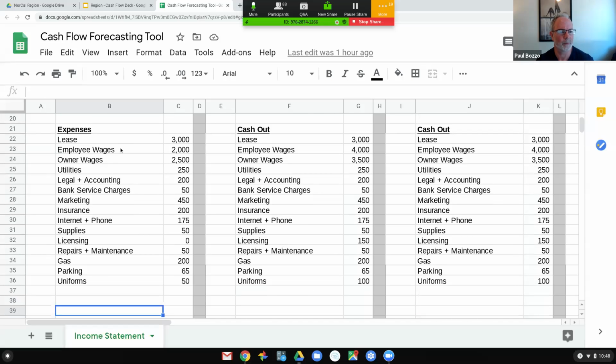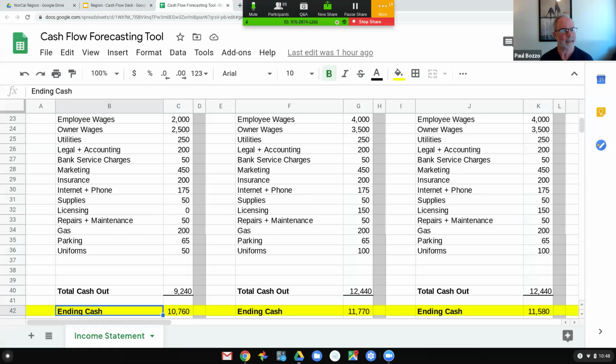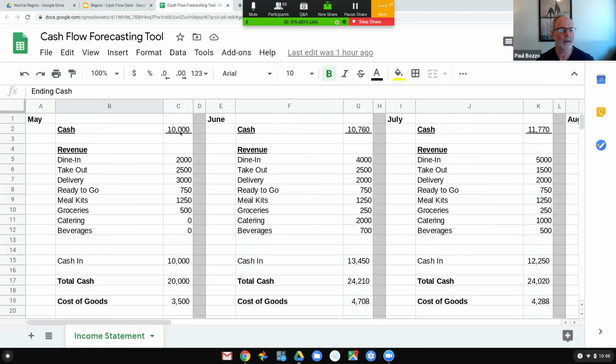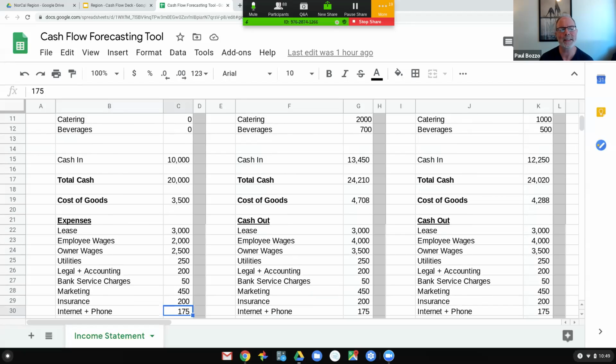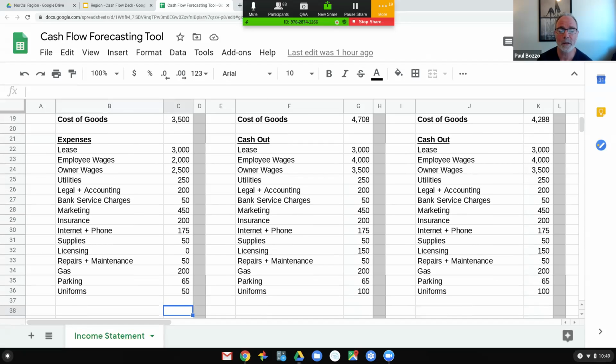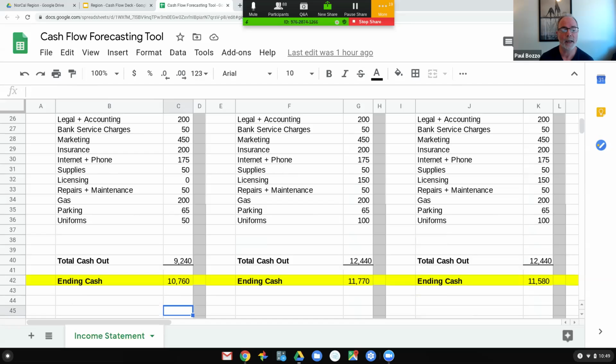And this is just a sample view of expenses. Okay, this is for a typical restaurant. And so what happens is it's basically math. If you take the amount of cash that's in the bank when you start the period and you add the cash in from sales, that's going to give you a total amount of cash for that month. And then essentially you deduct the cash out for expenses, and then that's going to leave you with ending cash, okay?